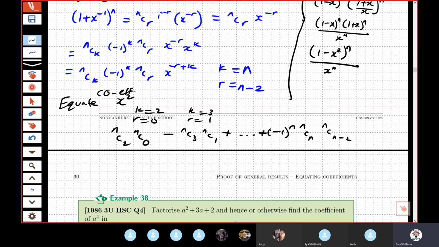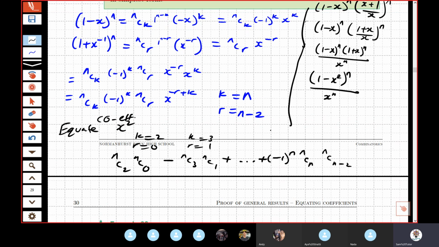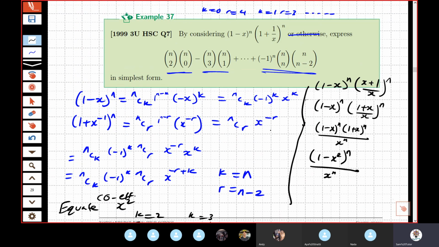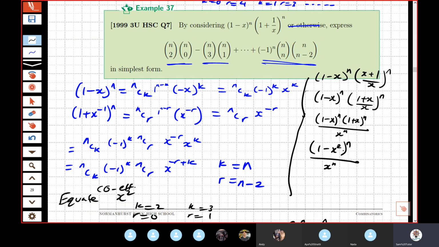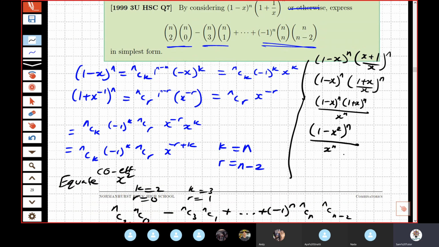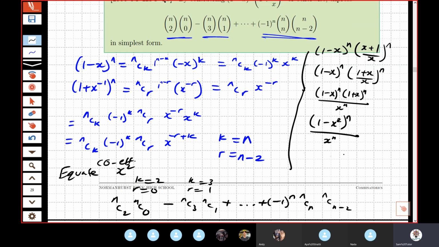All right, I'm missing something. Unless I wasn't wrong here. 1 minus x, x plus 1, 1 minus x squared to the n, over x to the n. You want to equate coefficients of x squared.